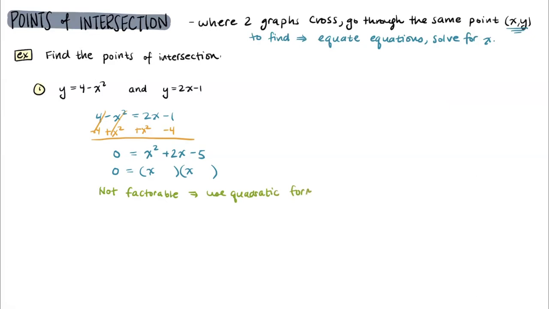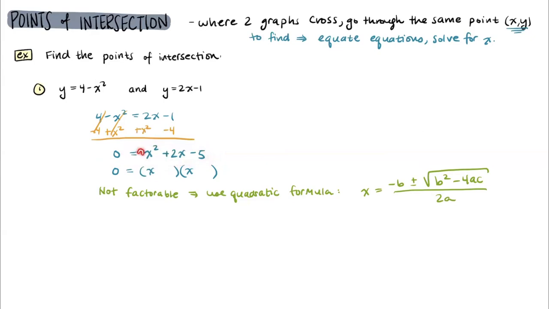Let us review what the quadratic formula is. It solves something that is in this format for x. It gives us this formula: x equals negative b plus or minus the square root of b squared minus 4ac, all over 2a, where a, b, and c are the coefficients in the quadratic that we have here.